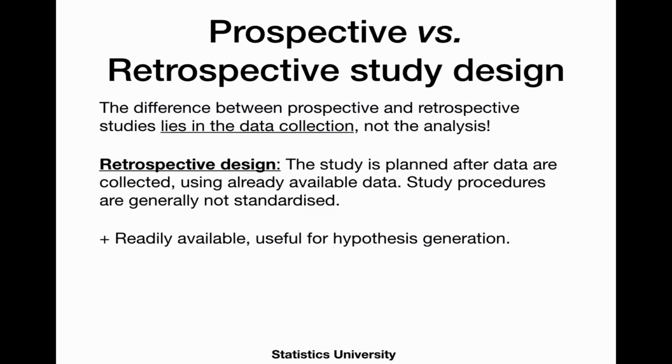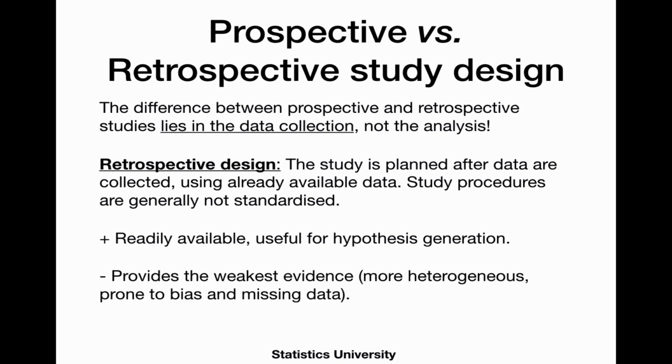And it is generally useful for some kind of hypothesis generation and studying rare outcomes or diseases. However, it does provide the weakest available evidence since it tends to create more heterogeneous, very selective groups that may be prone to bias and missing data.